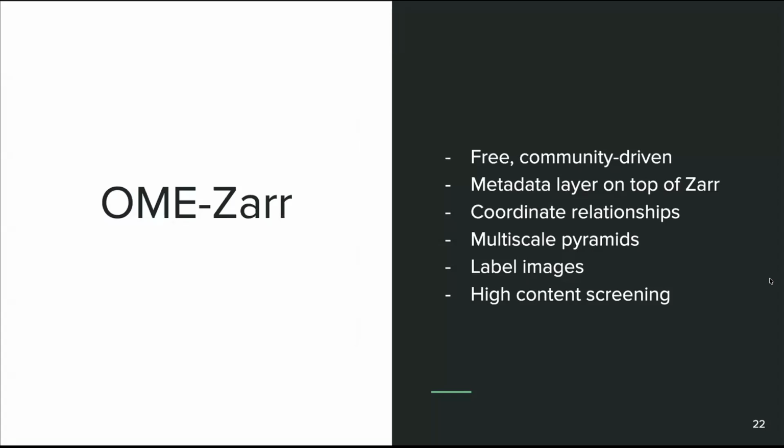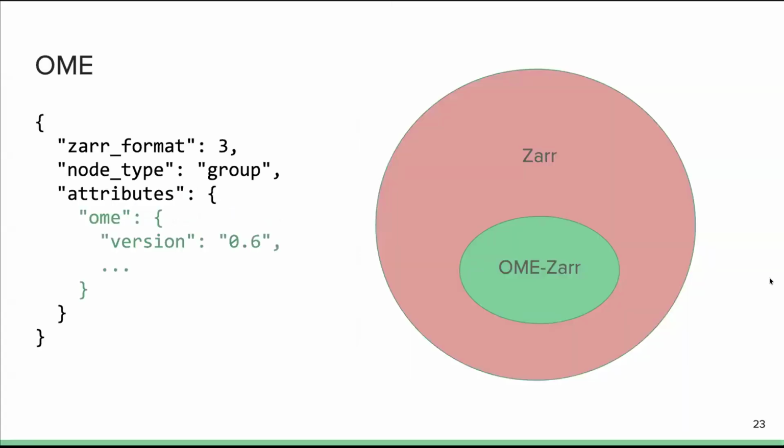So onto OME-Zarr itself. There are a number of different use cases that OME-Zarr supports, and those use cases continue to grow, which are, again, all based on community feedback. So at its simplest level, all we're talking about when we talk about OME-Zarr is a Zarr hierarchy which has some additional OME metadata in it, which has a version.